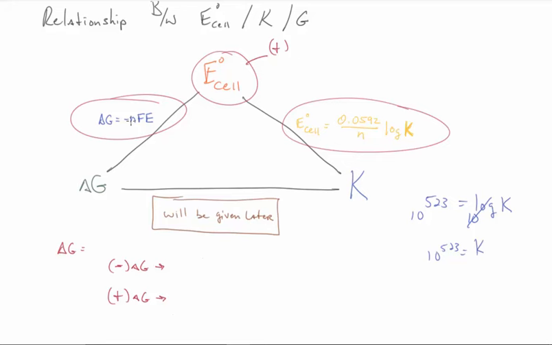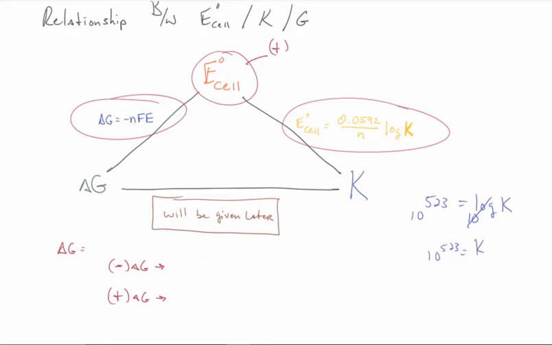All right, and Gibbs is a whole other unit when we get to thermodynamics that we will cover, but really it's just telling us it's the predictor of whether or not something is thermodynamically favorable. And again, the mathematical relationship here won't go beyond me giving you an E-cell value and saying, hey, what's the delta G value for this particular reaction? Or I could give you a G value and say, hey, what's the E-cell value for this particular reaction? So it's not anything crazy.